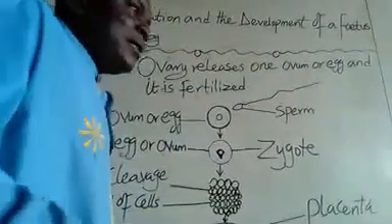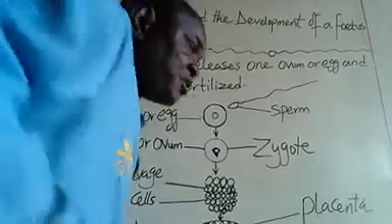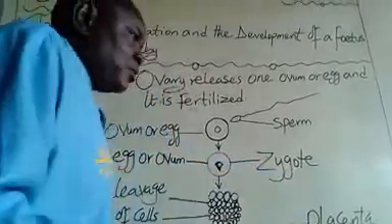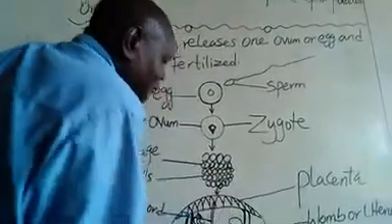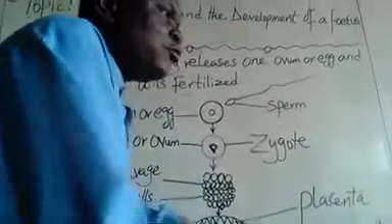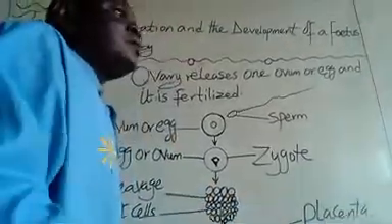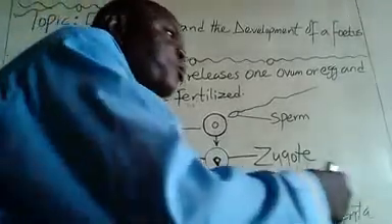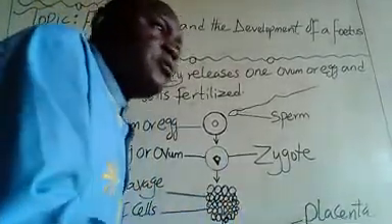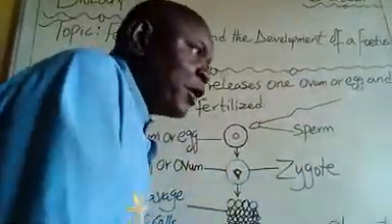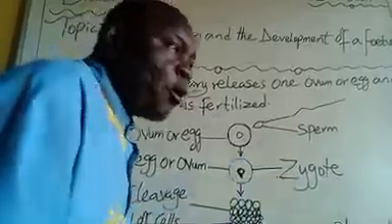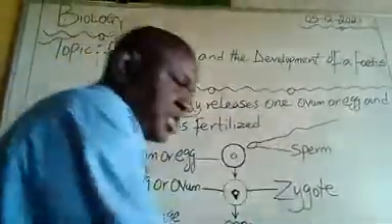The baby excretes waste products via umbilical cord. The waste products will be moved to the placenta. Placenta has a link with the bloodstream of the mother. And the waste products will be finally removed from the body of the mother through the help of the excretory systems or organs.